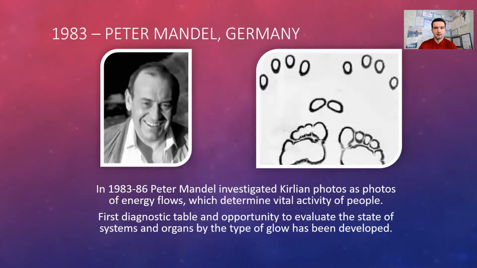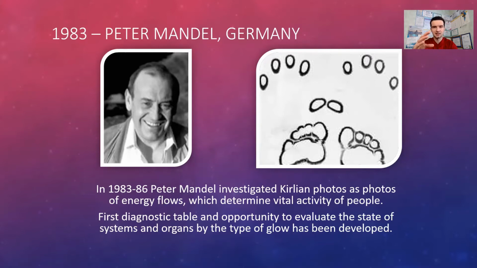But his good idea was that he proposed to apply the acupuncture point concept to the pictures of the glow of hands, of fingers and toes. So he overlaid the acupuncture point concept taken from Sujok, the South Korean system, onto the images, and beginning from that moment, he tried to do some interpretation according to these acupuncture points.